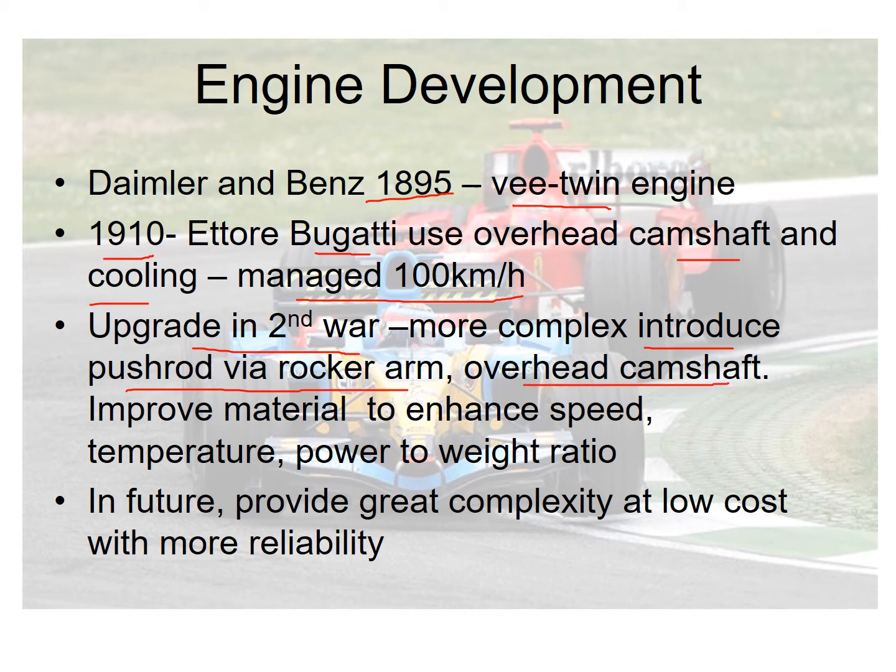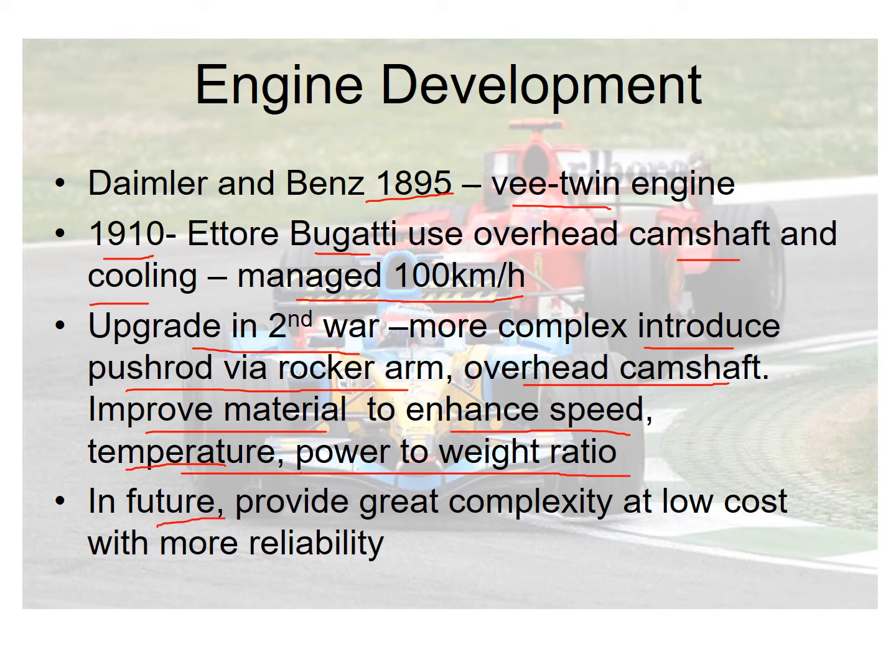After some time, improved materials enhanced speed, so greater speed has been achieved, and also a greater temperature of combustion can be used, which produces a better power to weight ratio, because more heat can be used and this heat energy can be changed to mechanical energy due to the improvement of materials.